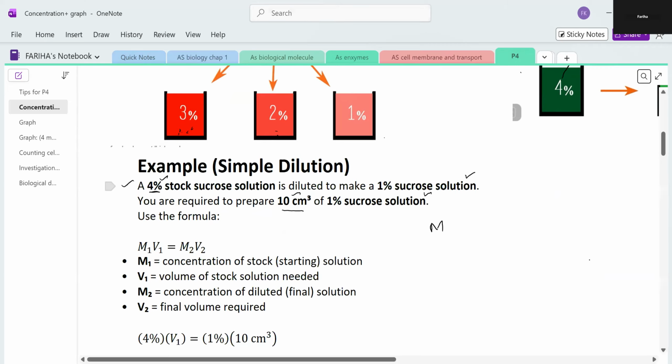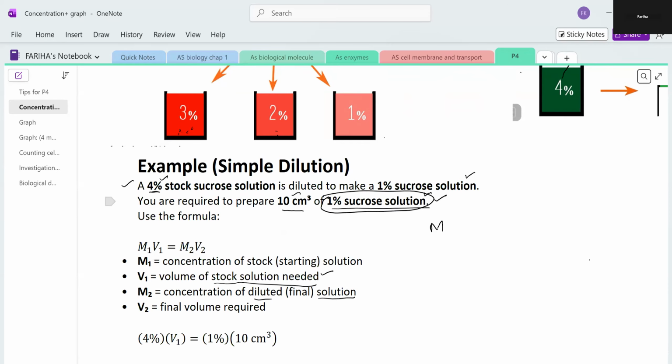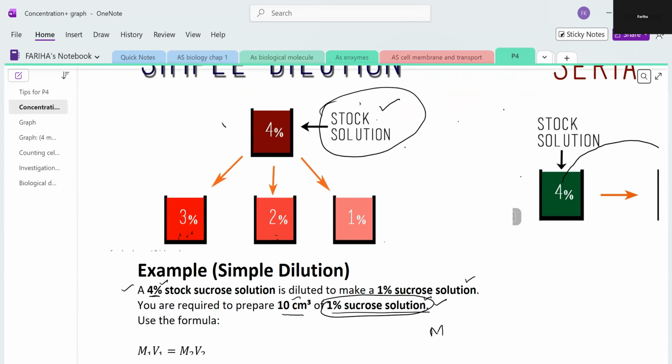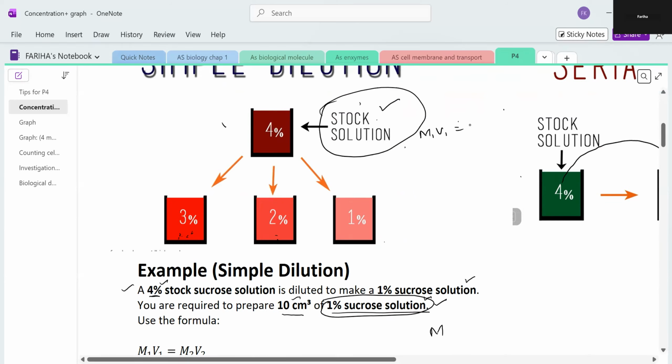And what is V1? V1 is the volume of stock solution needed to prepare the 1% sucrose solution. M2 is the concentration of the diluted solution, that is this 1% sucrose solution that we need to make. So M1V1 = M2V2.